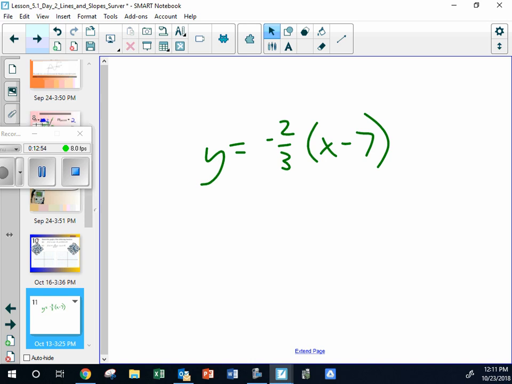What if I said, okay, you can use any slope as long as you make me a line that's perpendicular and has the same x-intercept. Ooh, that sounds like pre-calc. Perpendicular to this and has the same x-intercept.